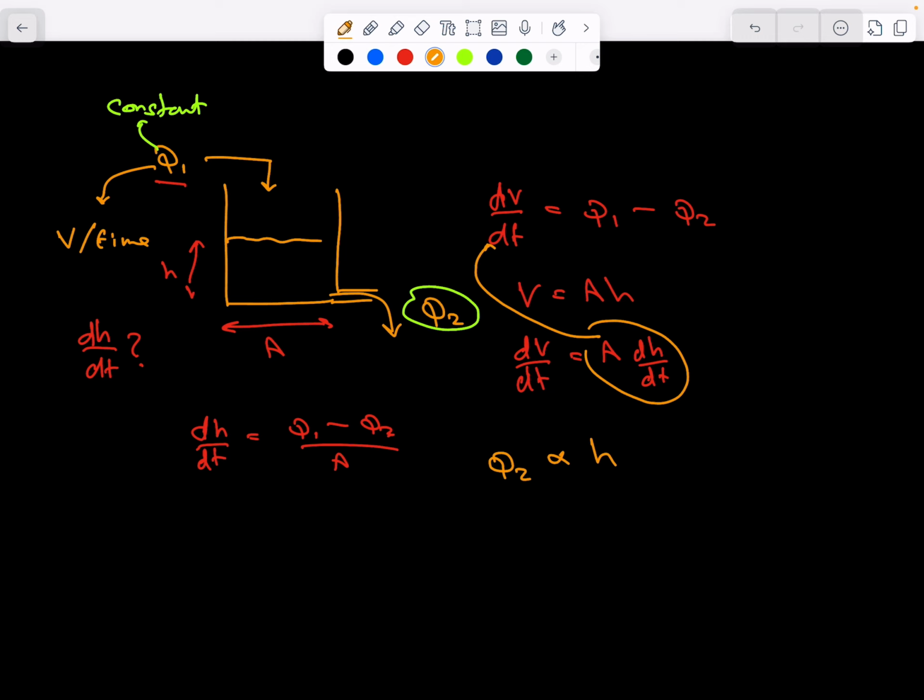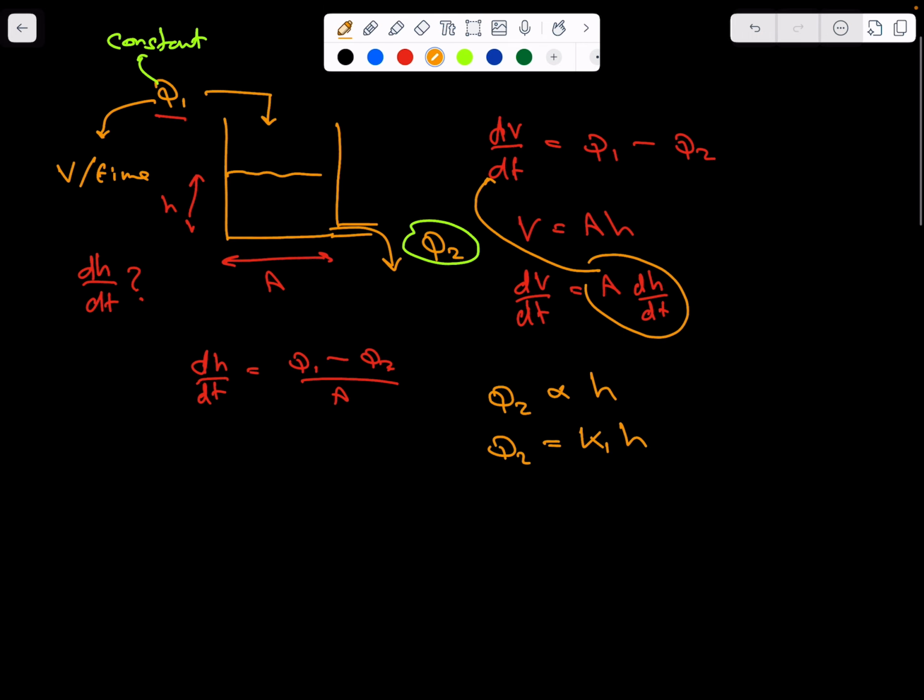If it's proportional, then the flow must be equal to some constant, which I call K1 in the book, times the height. So I can now rewrite my differential equation: dH/dt equals (Q1 minus K1H) over A. And that's my differential equation.